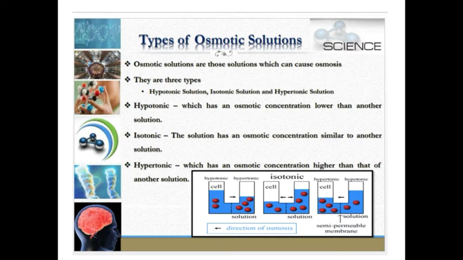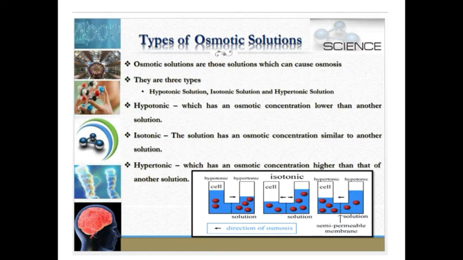If the solution contains a higher concentration of water but the cell contains a low concentration, what will happen? The water, which is in higher concentration, will pass on to the cell, which is low concentrated. So the cell will bulge. This process happens in the hypotonic solution.